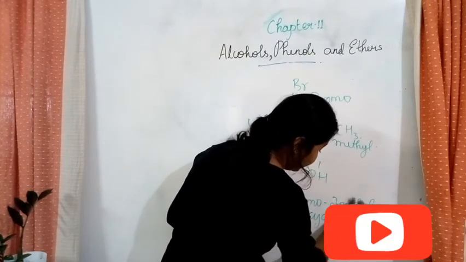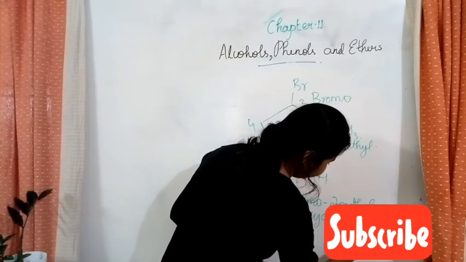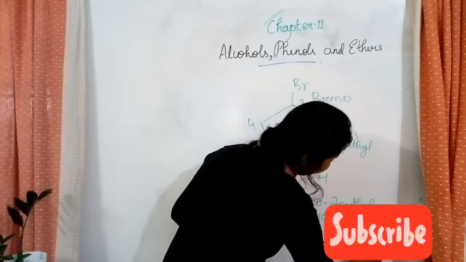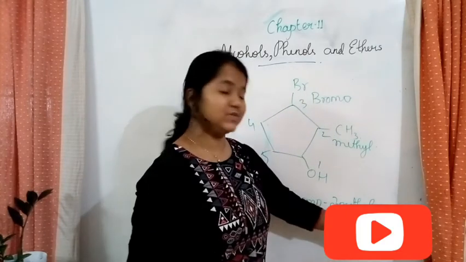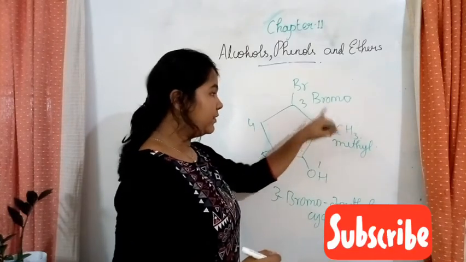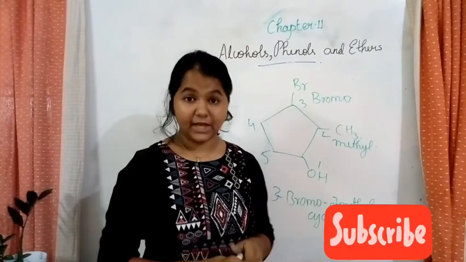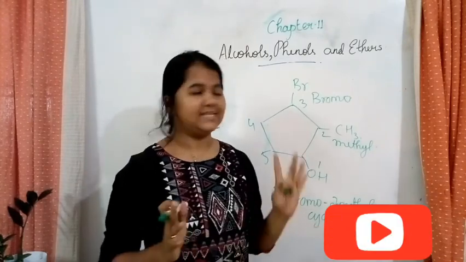Sorry, cyclopentanol. Or pentane-1-ol is also correct. Since it's 1, you don't have to mention that. So, what is that? 3-bromo, 2-methyl, cyclopentane-1-ol. Okay. That is the answer for this.